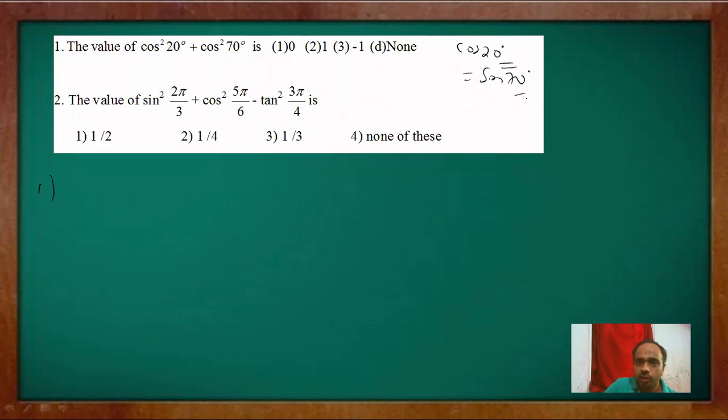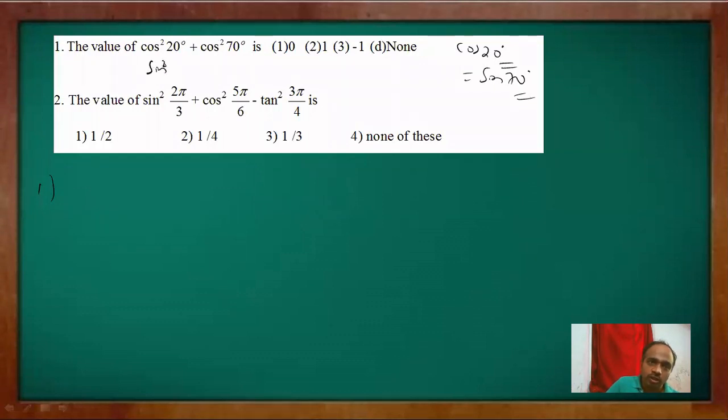Why? 20 plus 70 is 90. They're called complementary angles. When the sum is 90, sin and cos will be equal. Cos 10 is the same as sin 80 because 10 plus 80 is 90. Similarly, tan 20 is the same as cot 70. Tan and cot will be equal. Cosec 10 is the same as sec 80. Correct? So cos 20 is the same as sin 70.